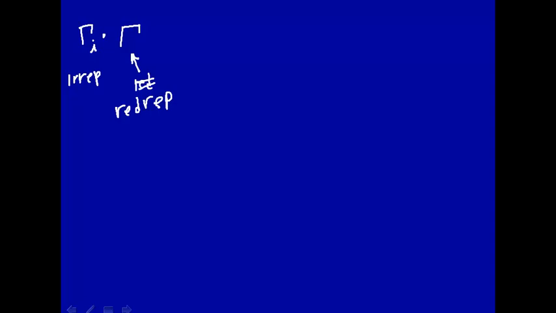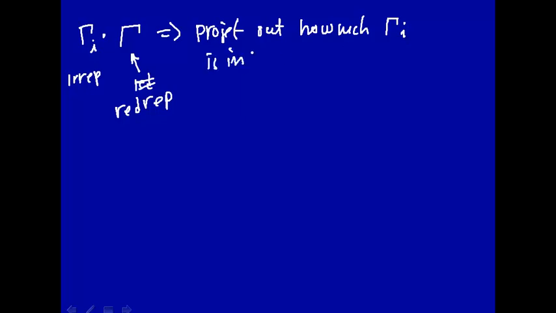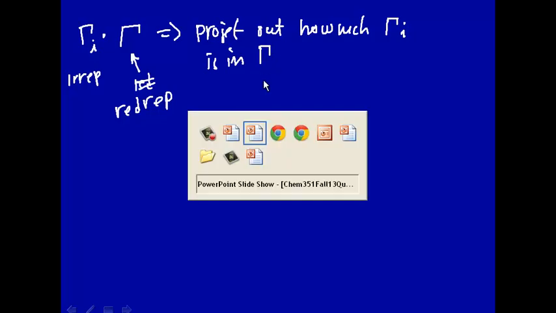Anyway, what this will do will be to project out how much gamma I, that's a particular irreducible representation, is in the reducible representation gamma.